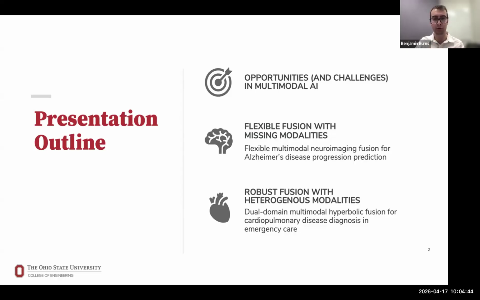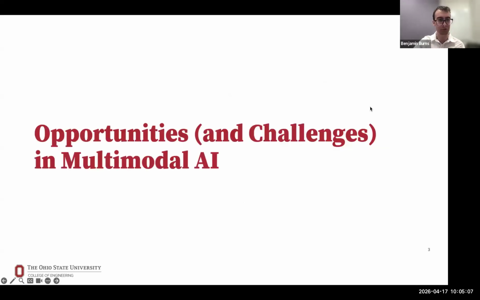The first deals with flexible fusion with missing modalities, and the application here is predicting Alzheimer's disease progression. The second paper deals with robust fusion with heterogeneous modalities, and the application here is cardiopulmonary disease prediction in emergency care settings. So let's get right into it and start by discussing some of these opportunities and challenges.